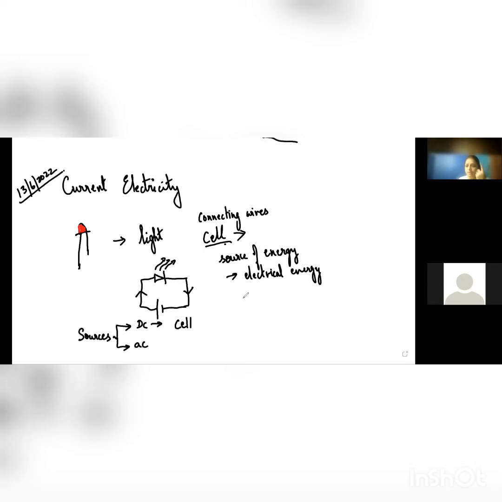AC, what? Give me one appliance which works on AC day to day. Any one appliance which works on AC. Is it in the chat box? I need to check. Okay, air conditioner, I think is what I have got.